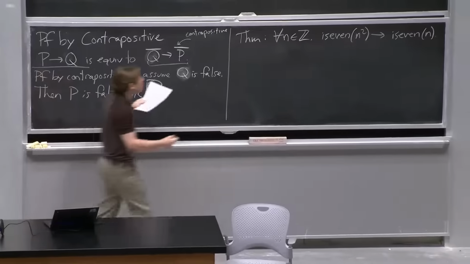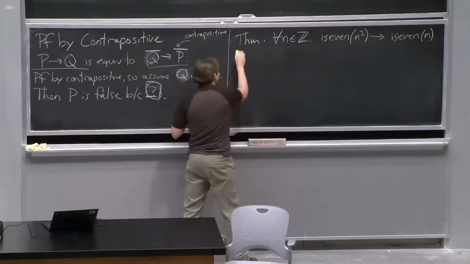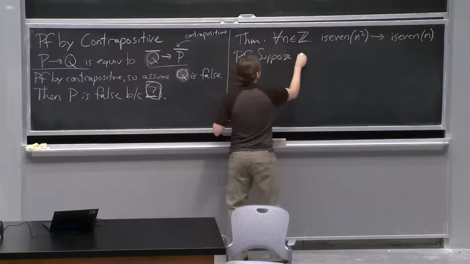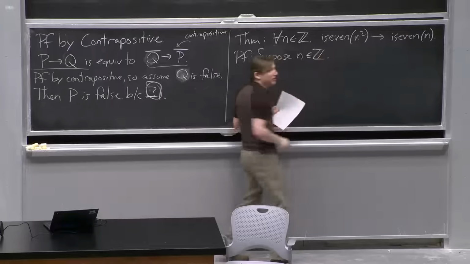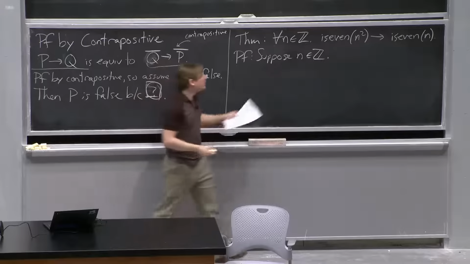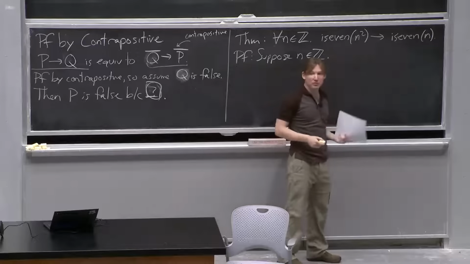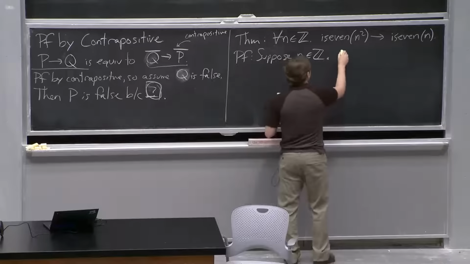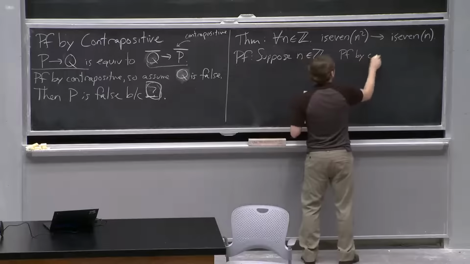Now automatically, oh, we're proving a for all. I know how to write that proof. Proof. Suppose n is an integer. Now we have an n to work with, right? We need to prove this implication. Let's see. So proof by contrapositive.